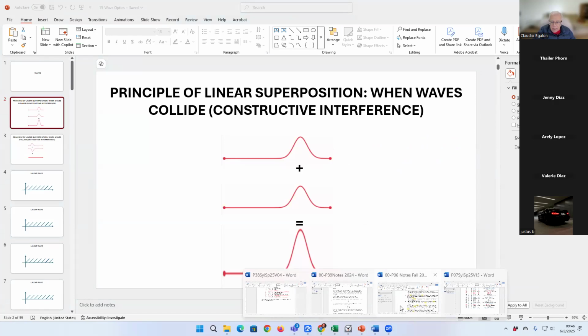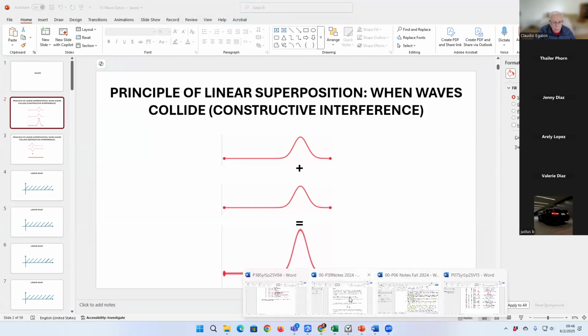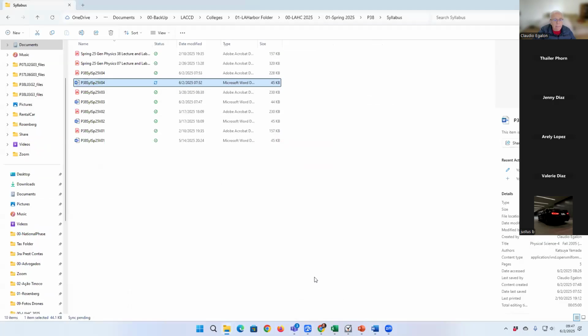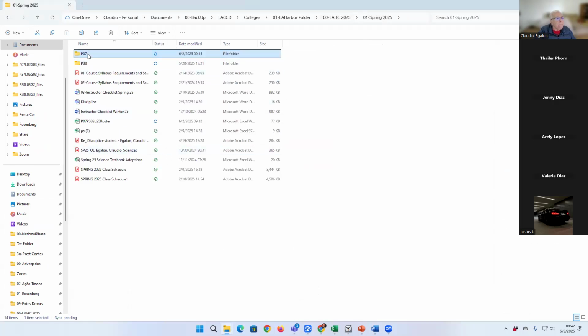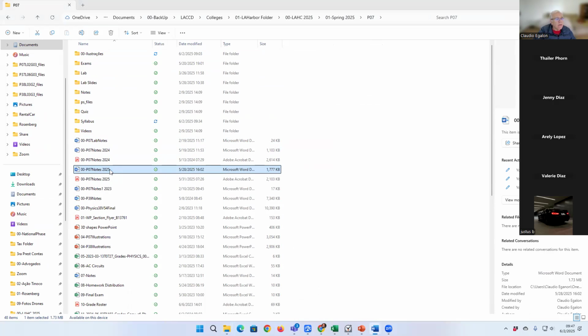There are several types of waves. Physics 07 notes 2025.